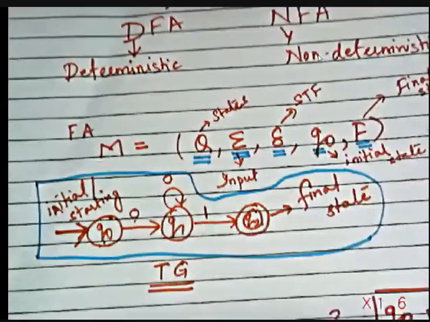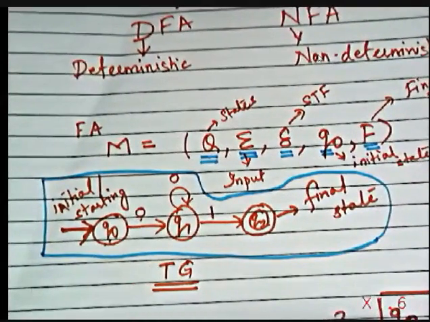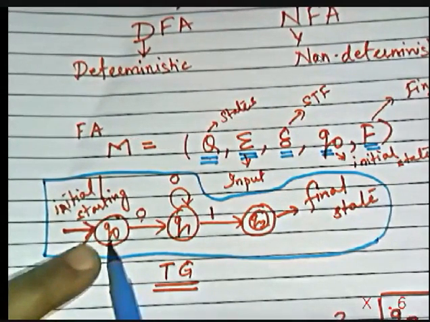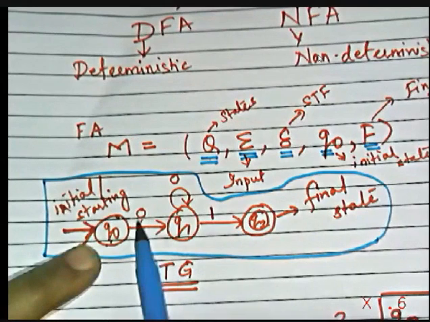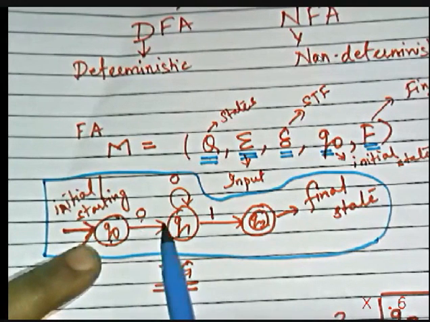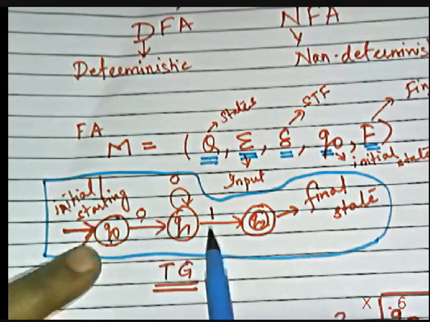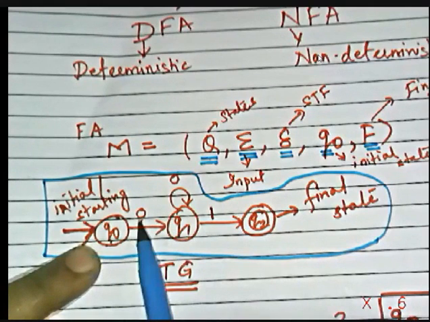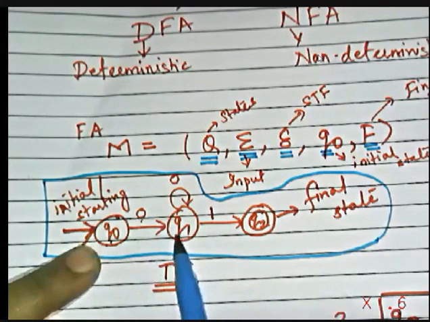Is it clearly visible? Now you have to tell me, for every single state and single input, where that combination is moving. For example, Q0 with input symbol 0 moves to state Q1.